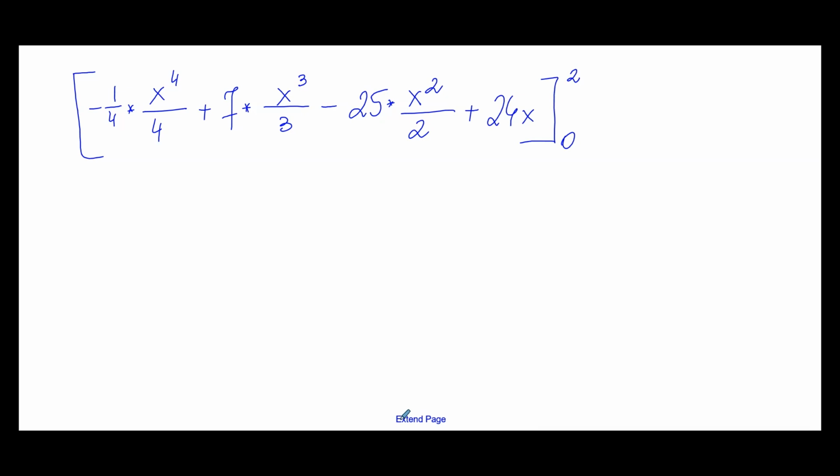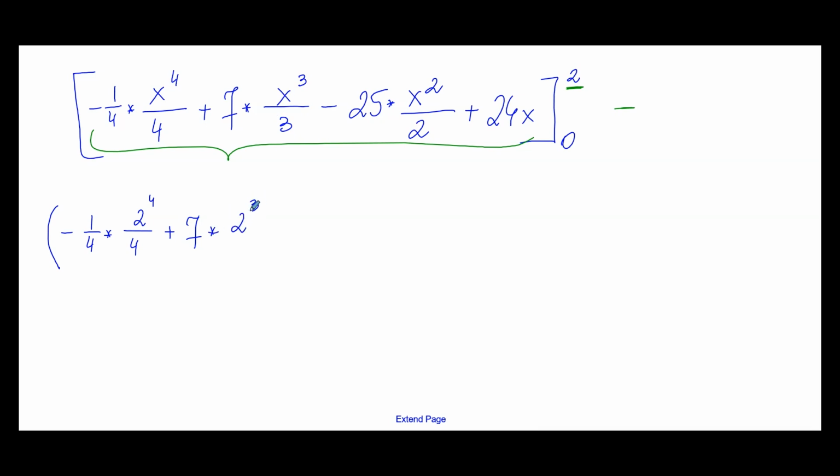What do we do in the next stage? We find the value. So we take all that function and we replace each x with 2 and then minus. And then again, we take that function and we replace each x with 0. So let's do that. So minus 1 over 4 multiplied by, instead of x, 2 to the power of 4 over 4, plus 7 multiplied by 2 to the power of 3 over 3, minus 25 multiplied by 2 to the power of 2 over 2, plus 24 multiplied by 2.